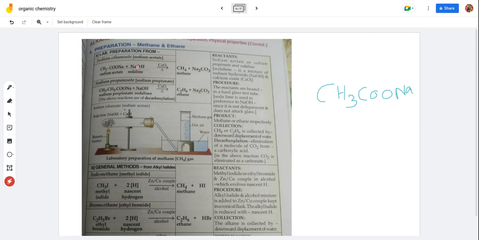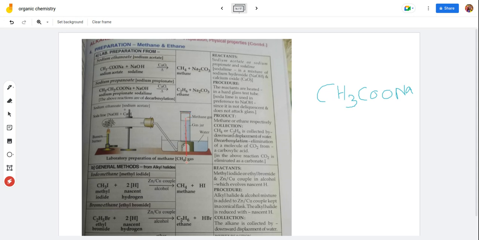CH3COONa plus NaOH. In this case, if it is going to react, you have to heat this one. First you have to take sodium acetate and soda lime and then heat the mixture. If you heat the mixture, methane gas is collected. Now you can see the methane gas is collected here.